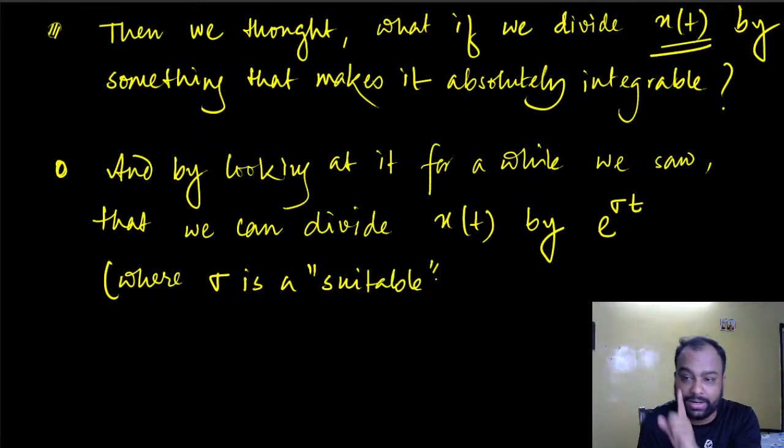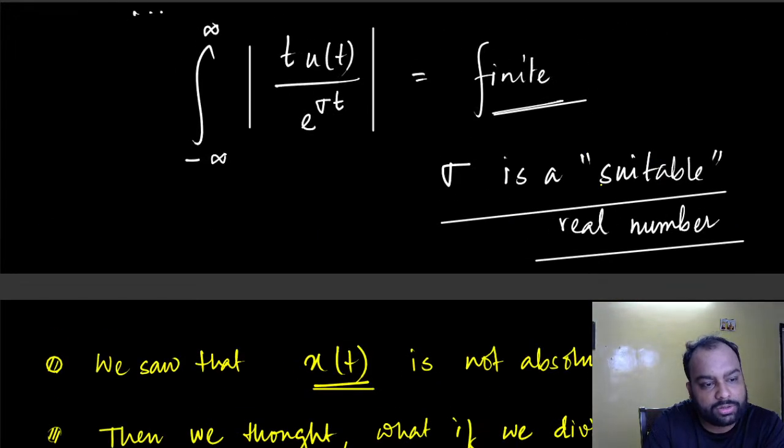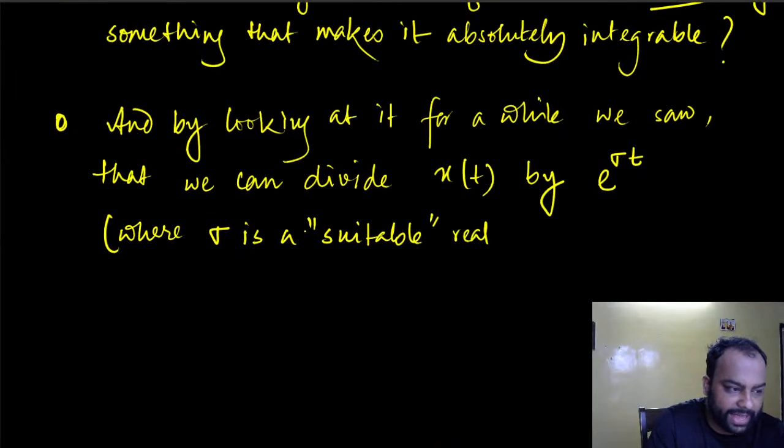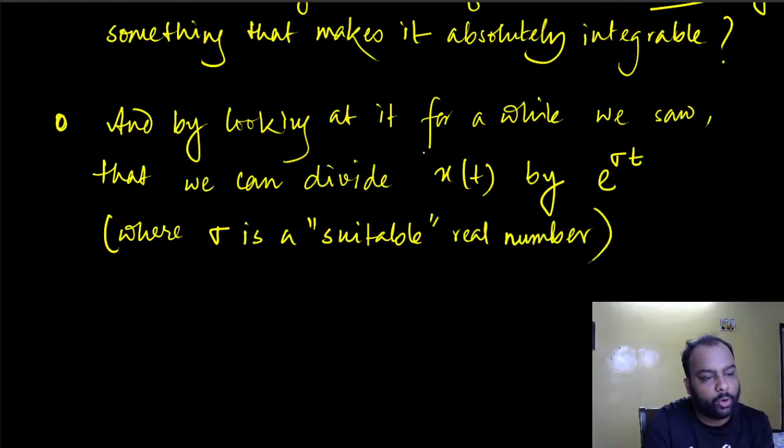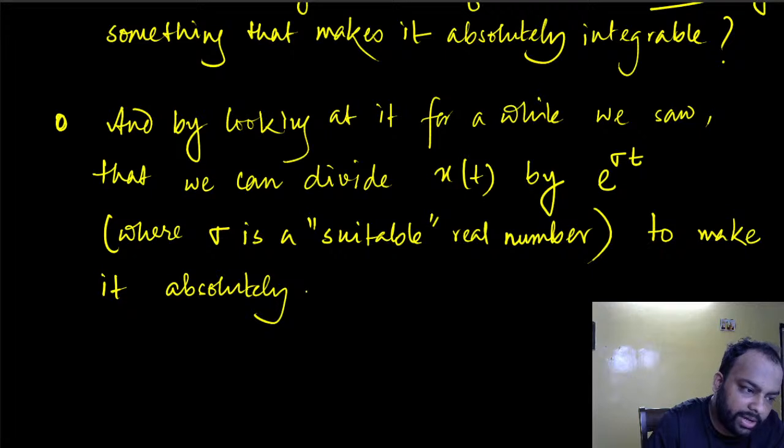I'm going to explain the suitable term in the next class. In this particular scenario, the suitability simply meant that sigma was a positive real number. It only meant that. So by looking at it for a while, we saw that we can divide x(t) by e to the power sigma t, where sigma is a suitable real number, to make it absolutely integrable, right?